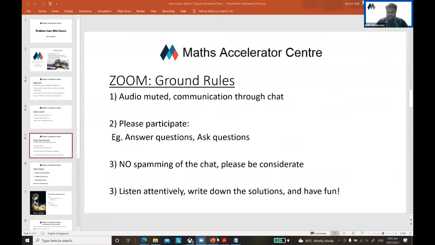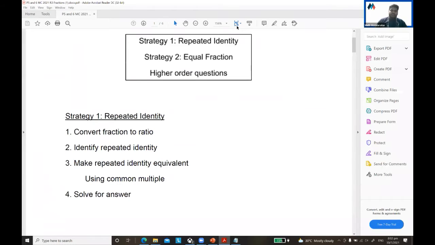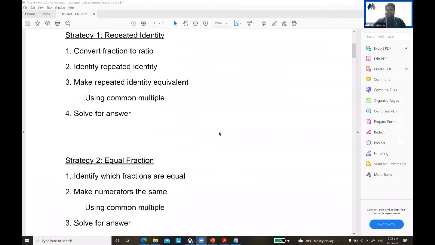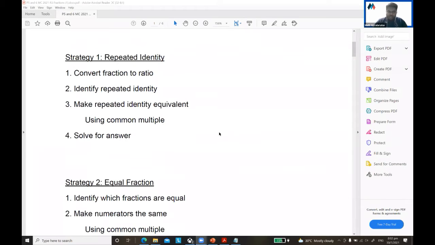Okay, let's begin. Today's first strategy is repeated identity. What we're going to do is convert fraction into ratio first. Then we'll identify the item or the name that is repeated twice. I repeat again.